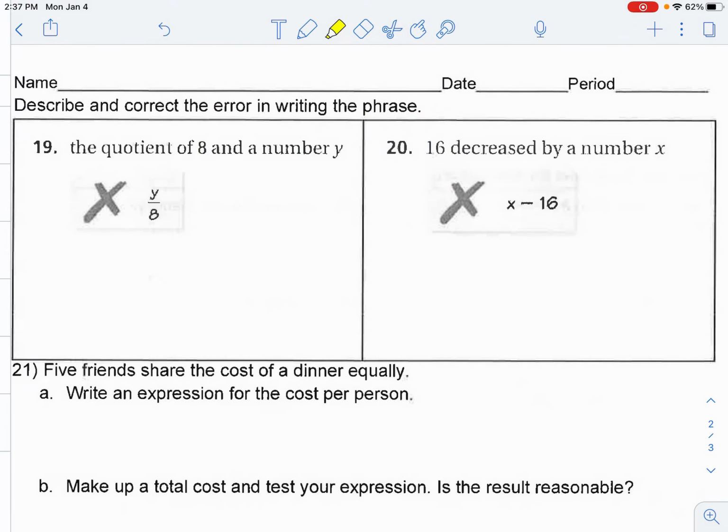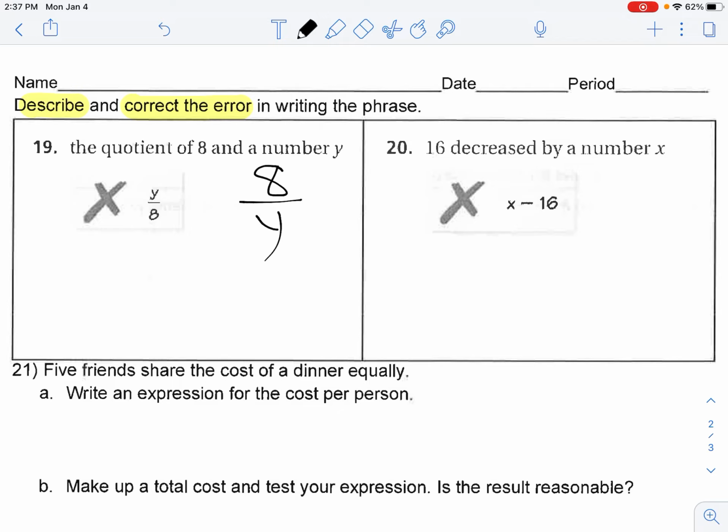Directions: describe and correct the error in writing the phrase. So you're going to fix it for me. The first one says the quotient of 8 and a number y. If the 8 comes first, the 8 should have gone on the top of the fraction bar and the y should have gone on the bottom.